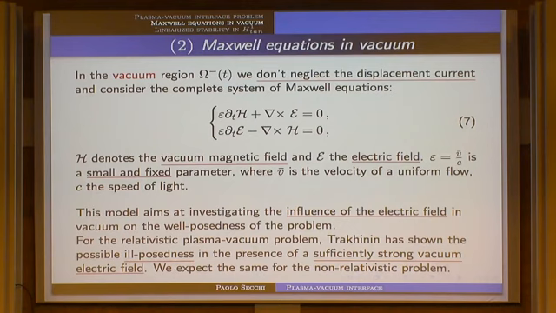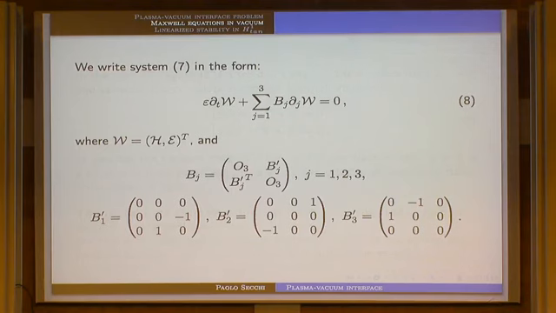And okay, we know from a paper written by Trakhinin on the relativistic case that a strong electric field in vacuum can give ill-posedness. So we are interested to see that because we expect the same. So we want to see that if E is sufficiently small, we have some form of stability.